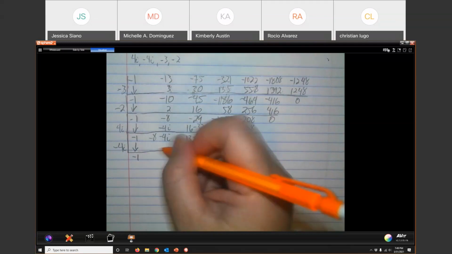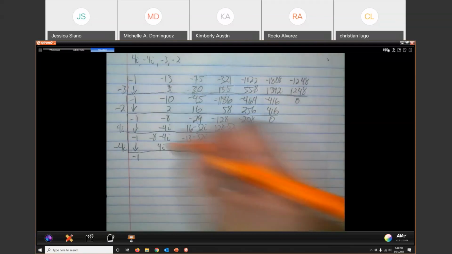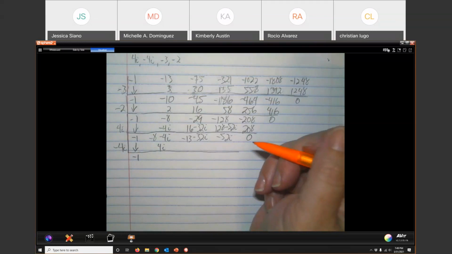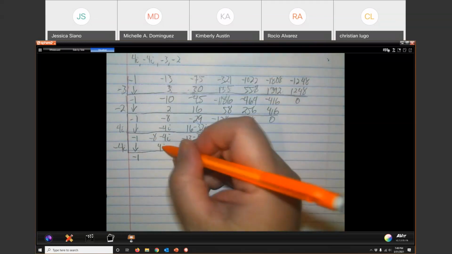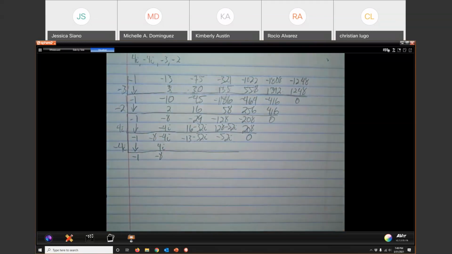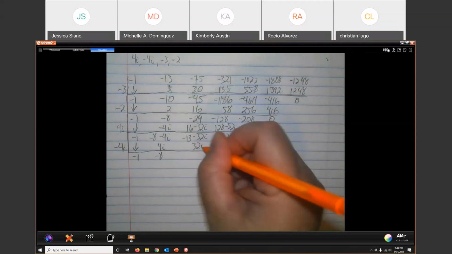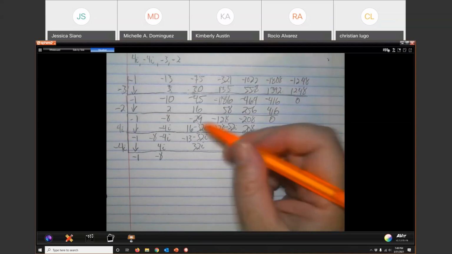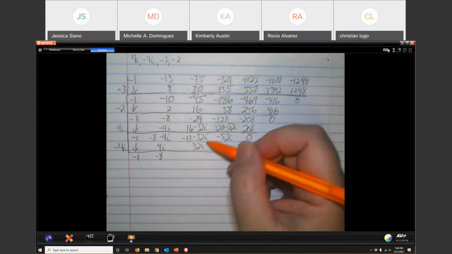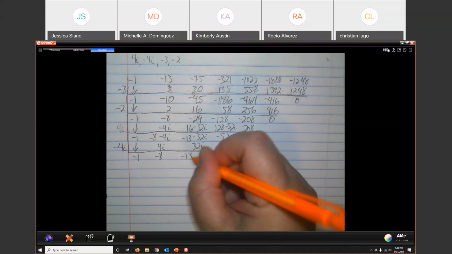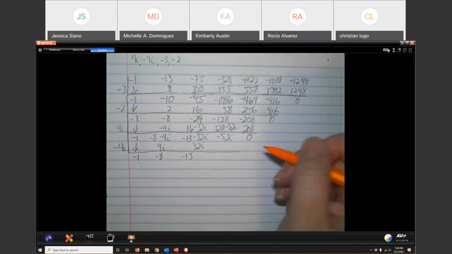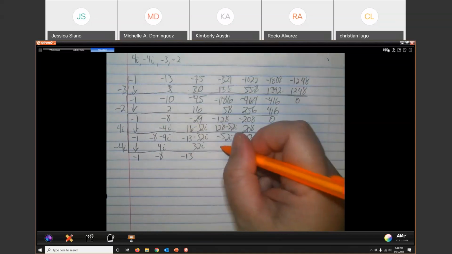So a negative 4i times a negative 1 would be a positive 4i. Negative 8 minus 4i plus 4i is negative 8. Negative 8 times a negative 4i is a positive 32i. Negative 13 minus 32i plus 32i is negative 13. Times a negative 4i is a positive 52i.